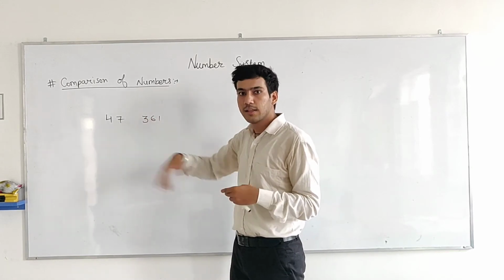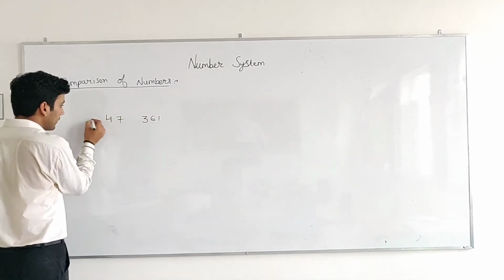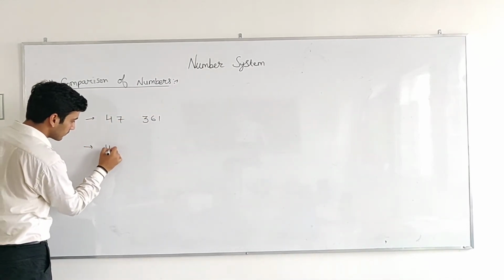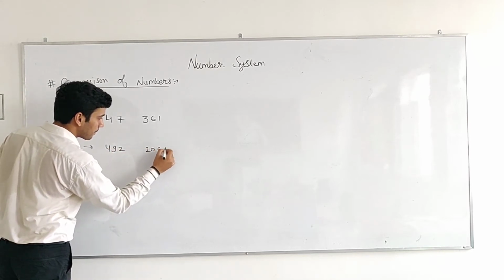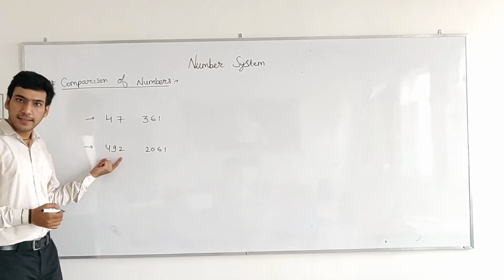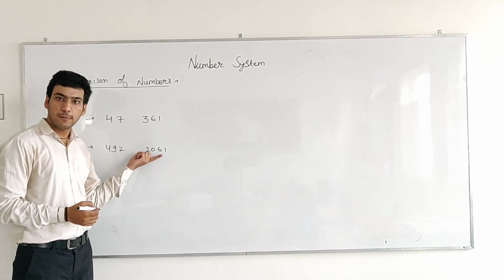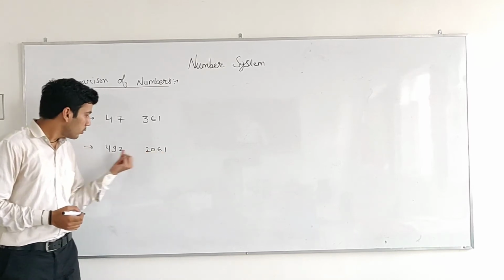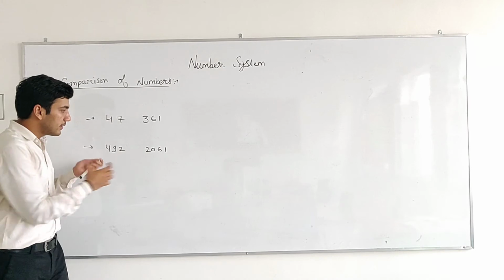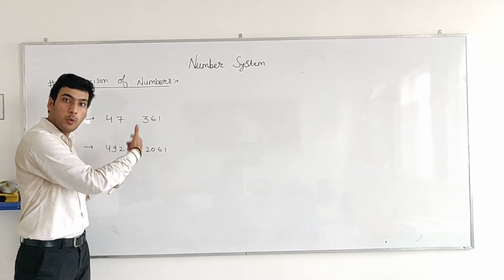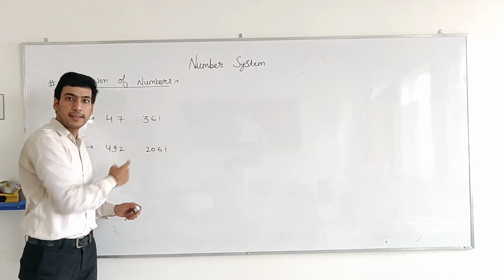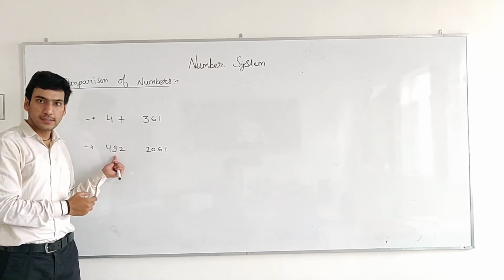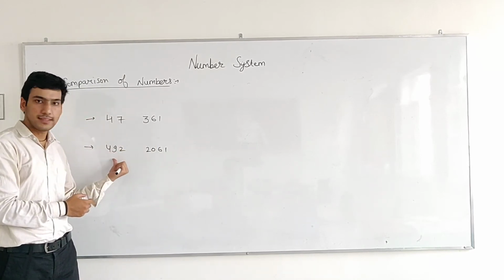Let us take another example. This is my 3-digit number and this is my 4-digit number. This number has more digits compared to this number, so this is the greater number.